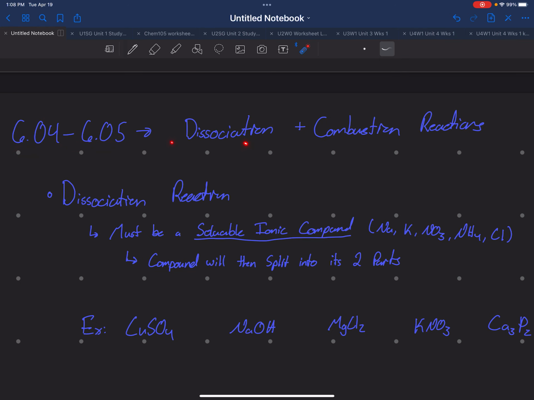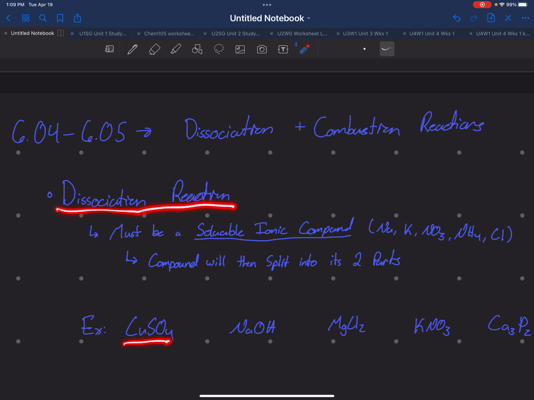6.04 and 6.05. So this is dissociation plus combustion reactions. These are just reaction types, right? Once you know what these types are, whenever they say, for example, write the dissociation reaction for CuSO4, then you'll know what to write for the products and reactants, right?